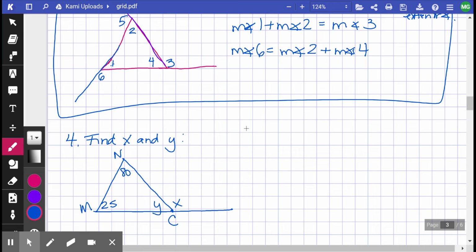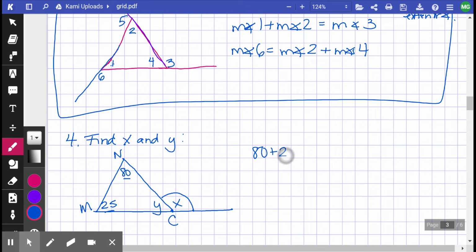Okay, so if we want to find x and y, you've got a couple different ways you can do it. You could find y first in this one, so add 80 and 25 together to get 105, and then subtract that from 180 degrees. Or you can use our new theorem that says the exterior angle is equal to the sum of the remote interior angles.